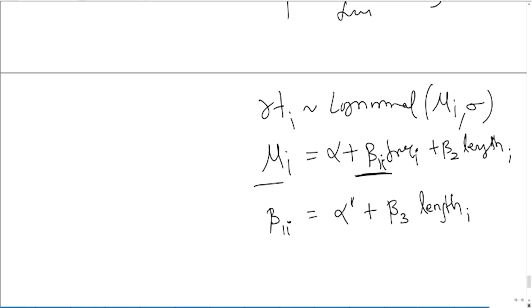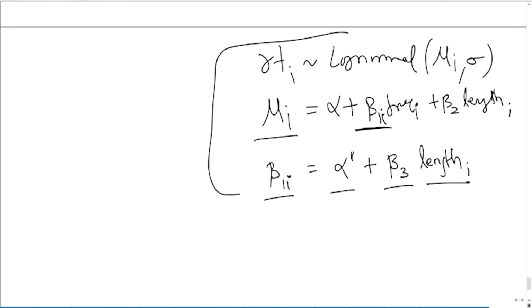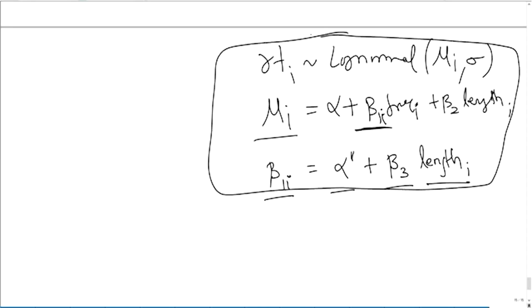So what I did, I wrote mu i equals alpha plus beta 1 i into frequency i plus beta 2 into length i, and then beta 1 i itself is alpha dash plus beta 3 into length i. Now this model is testing several things. One, this parameter, alpha dash, would tell you the effect of frequency on recognition times when length is 0.